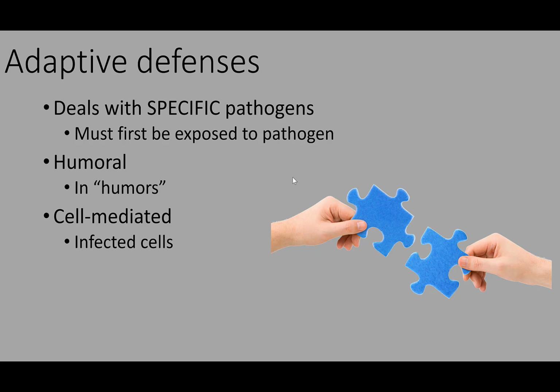So we are dealing with specific pathogens. But with the adaptive immune system, it is really, really good, except the drawback is we must first be exposed to the pathogen before our body can build a defense against it.